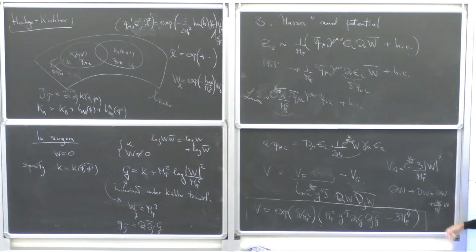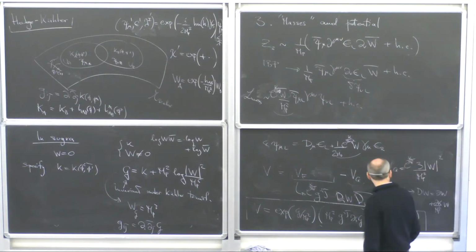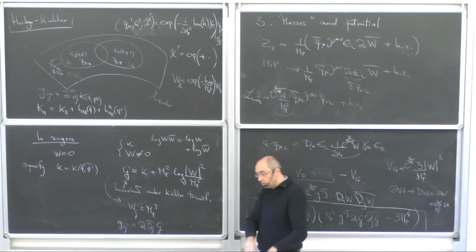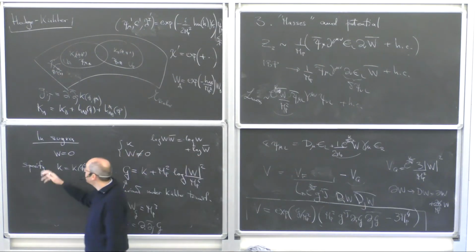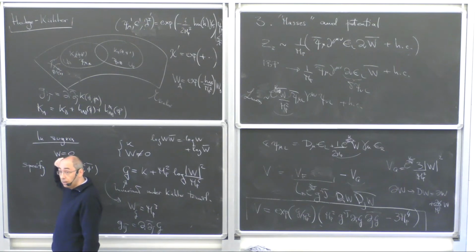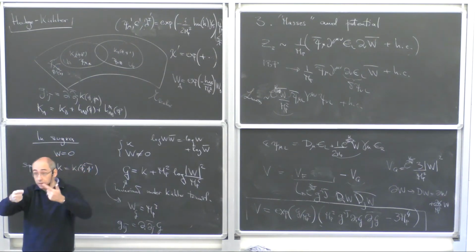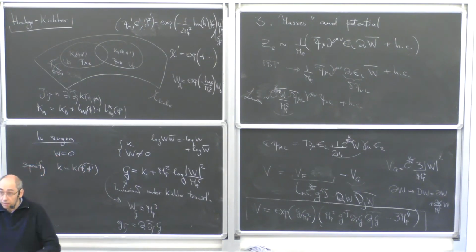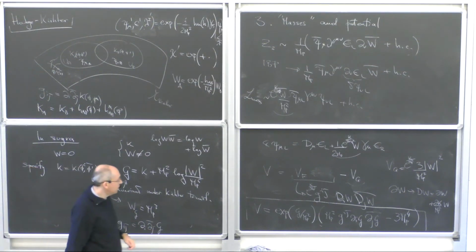This is a section of that line bundle, and hence the derivative of K is the part that compensates for that. Just like if you take the imaginary part of the derivative of K, you get the Q composite vector field. Okay?